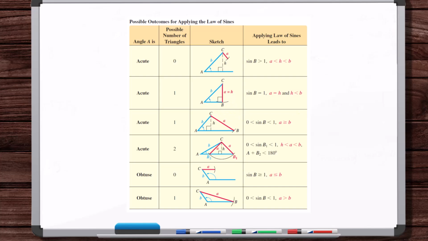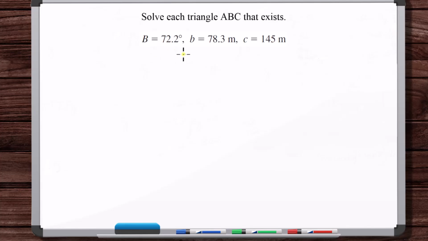When you apply the law of sines to the side-side-angle case, you're going to get sine of that angle is equal to something, and that will give you information about what case you're dealing with. We could do that right now and see: do we get sine of that angle is equal to 1? Or do we get sine of that angle is greater than 1? Or do we get sine of that angle is something between 0 and 1? For this case, that's what we're going to get, one of those three scenarios.